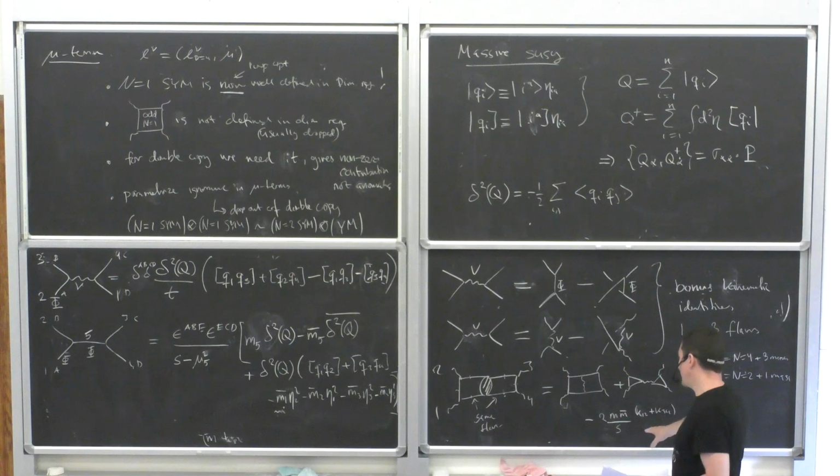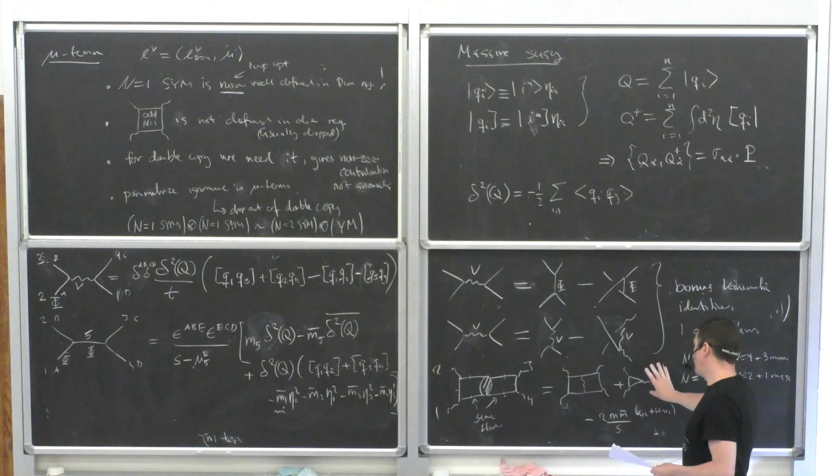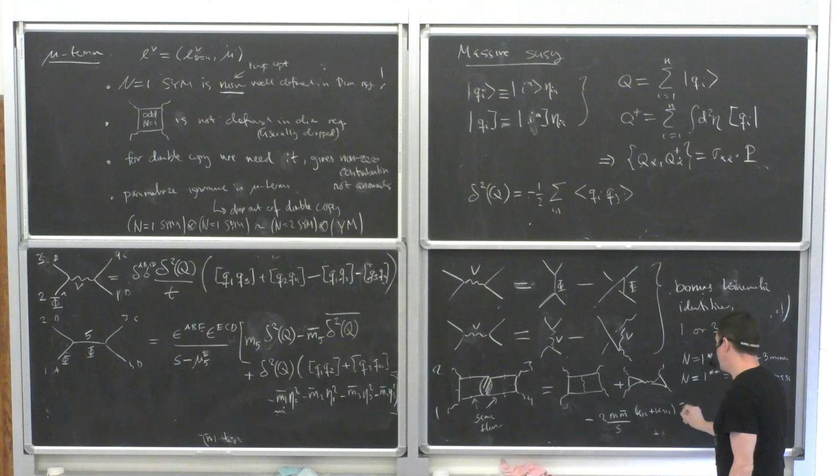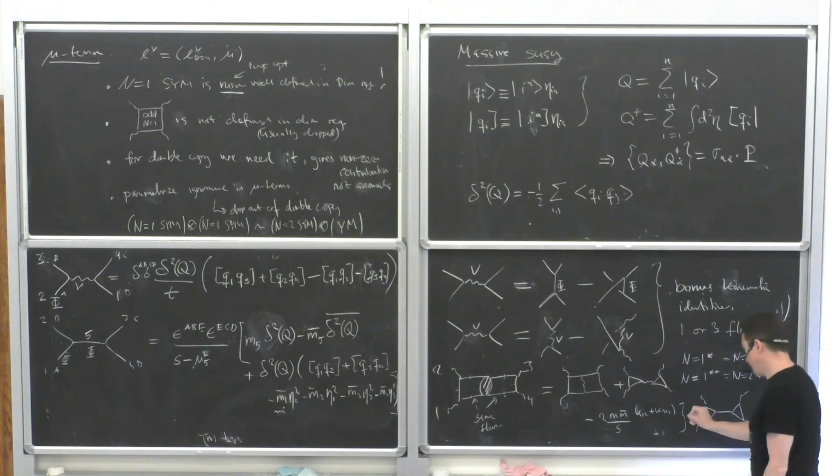So it's not super clear that this is the double triangle. But it's probably correct that it is the double triangle. And if you interpret it, you can actually figure out that it's this diagram. You can actually do the maximal cut and expose this diagram.